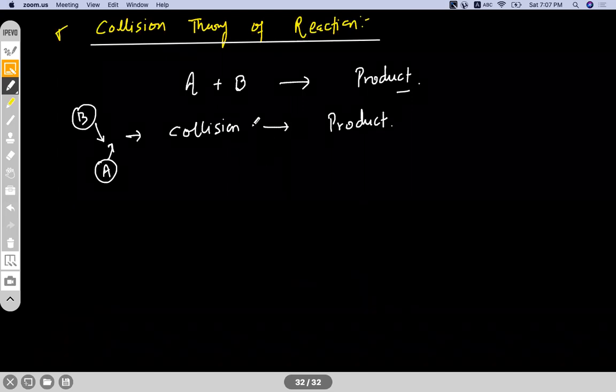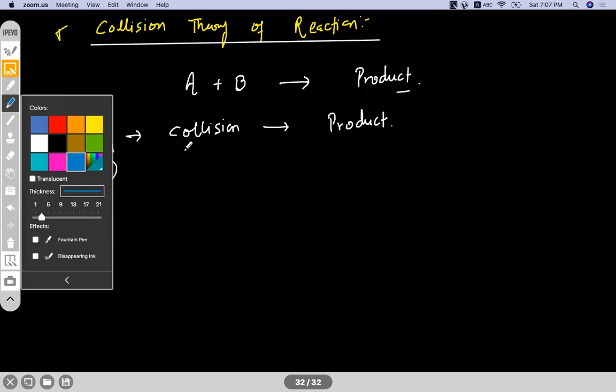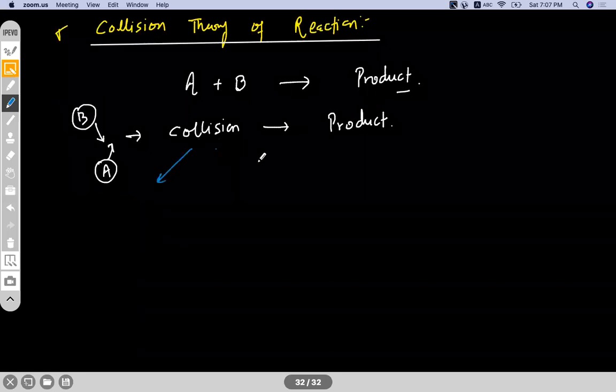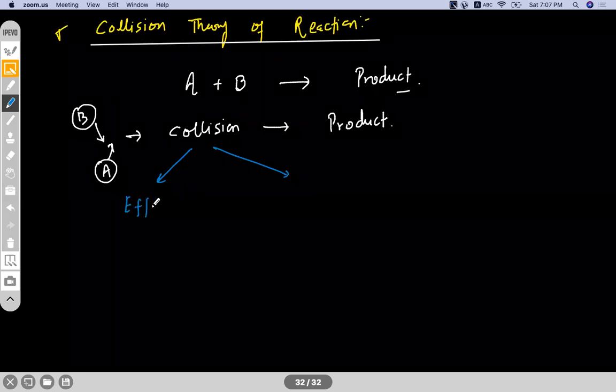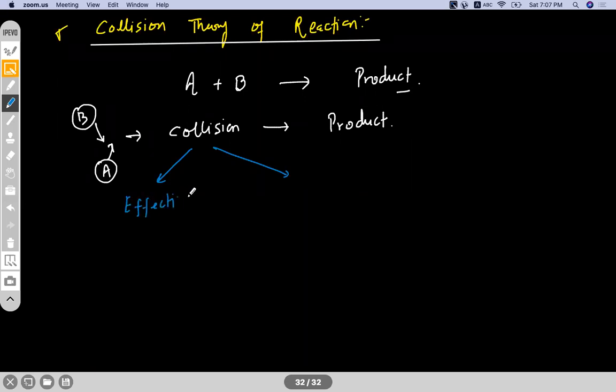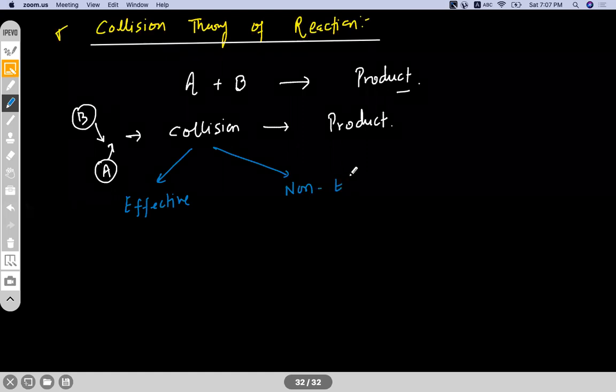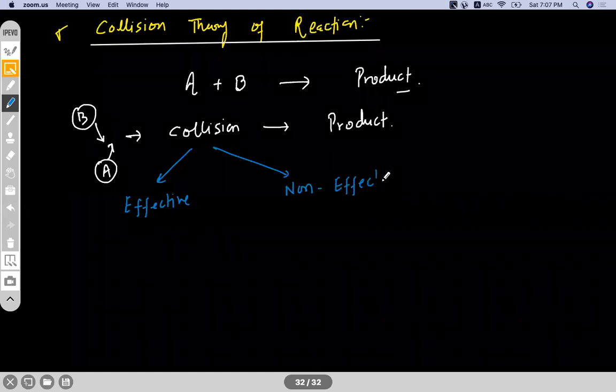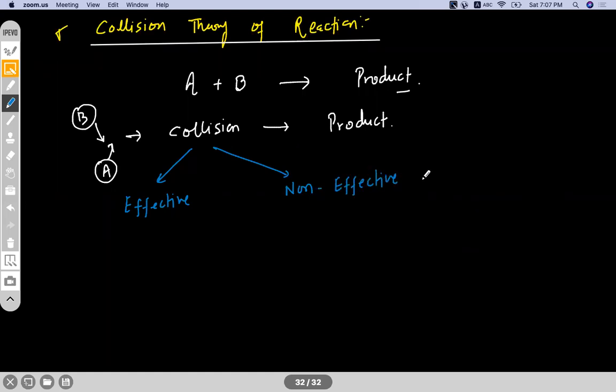Now, collision we have two types. One is effective collision and another one is non-effective collision. What is effective and non-effective collision we'll discuss.